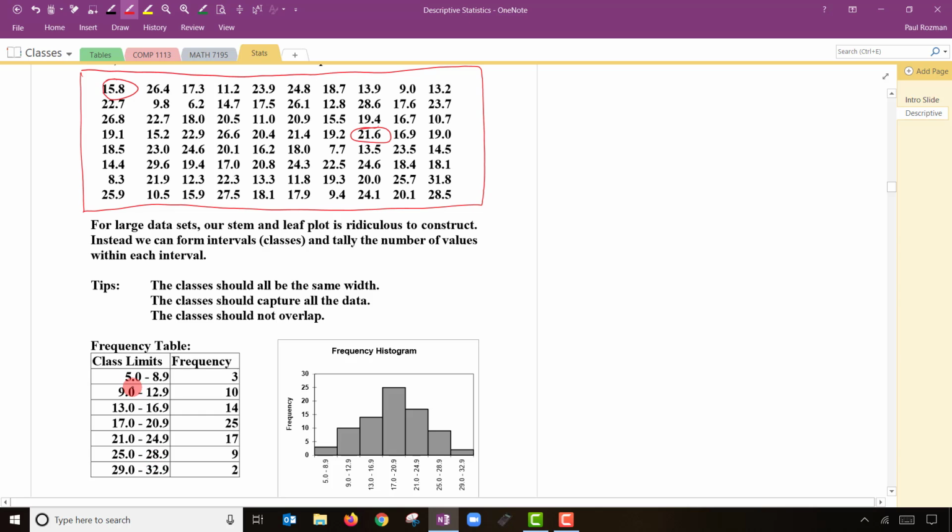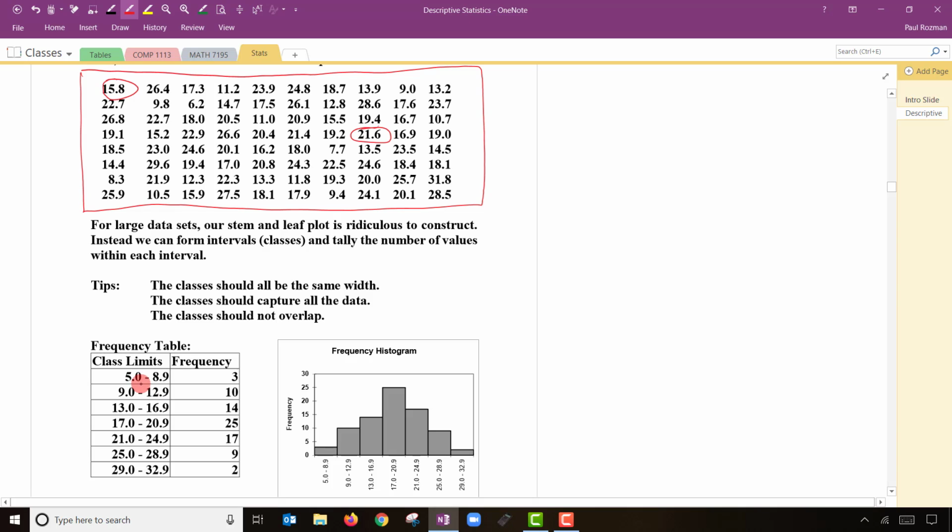So I chose to make classes that range from 5 to 9, then 9 to 13, then 13 to 17, then 17 to 21. Basically, I decided that I would have categories that are 4 units wide.